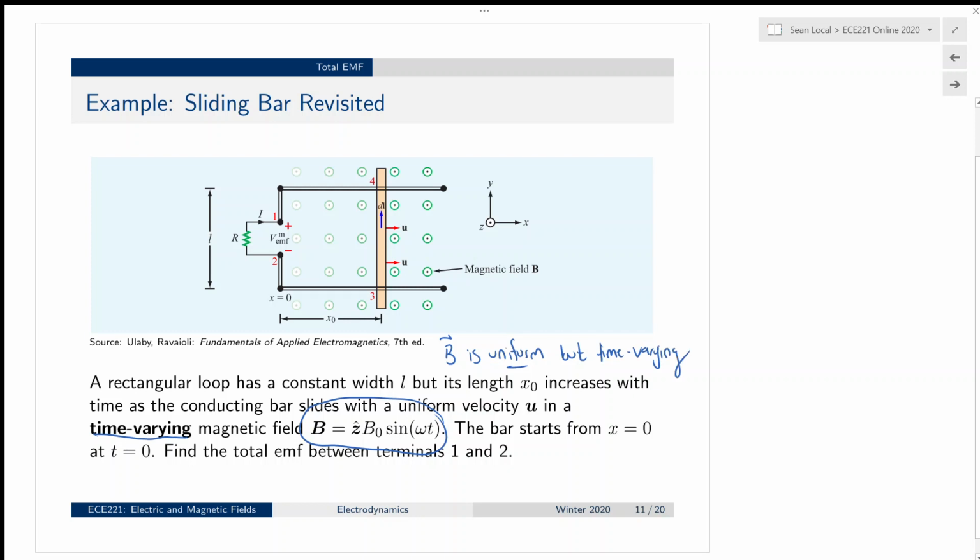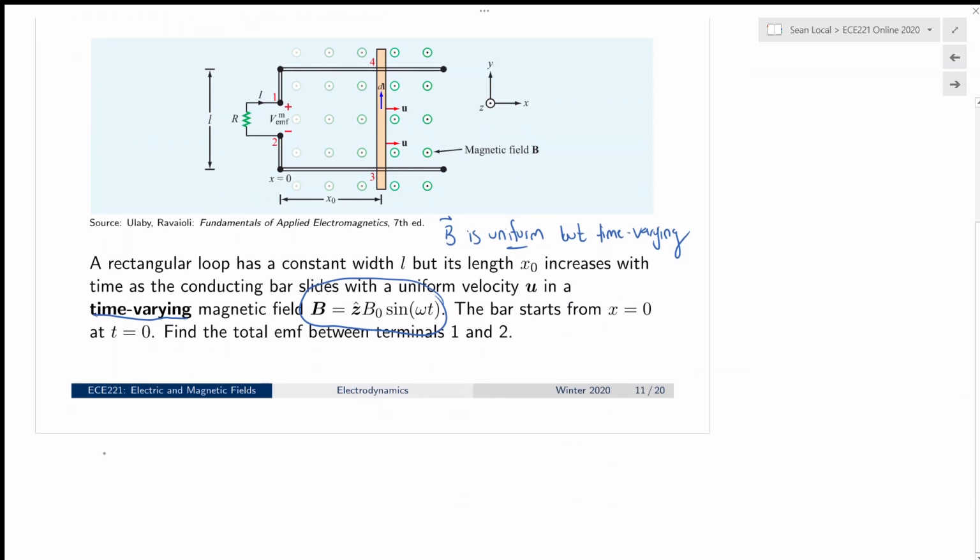And as before, the bar starts from x equals 0 at time equals 0, and we're asked to find the total EMF between terminals 1 and 2, which are across the resistor. So here let's use Faraday's law directly to find the time-varying flux.